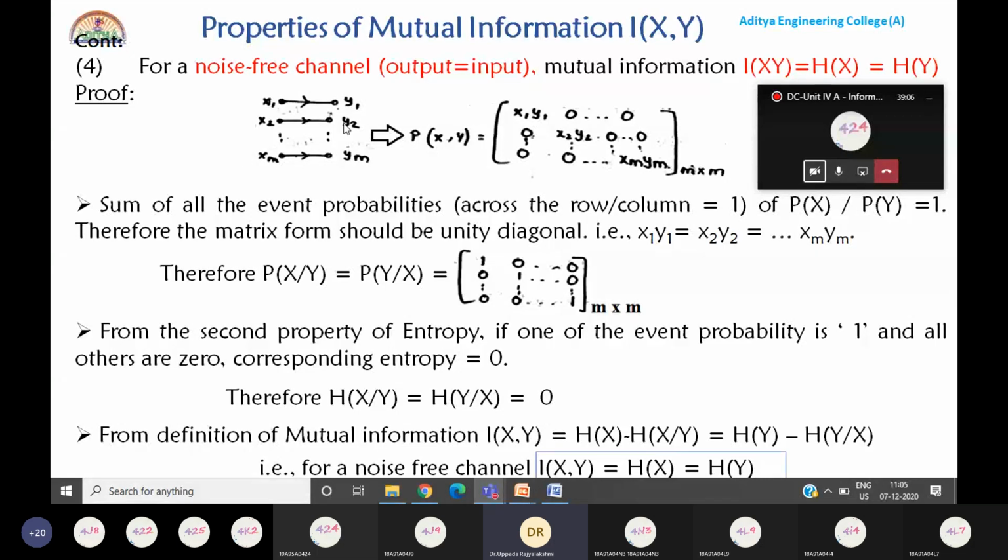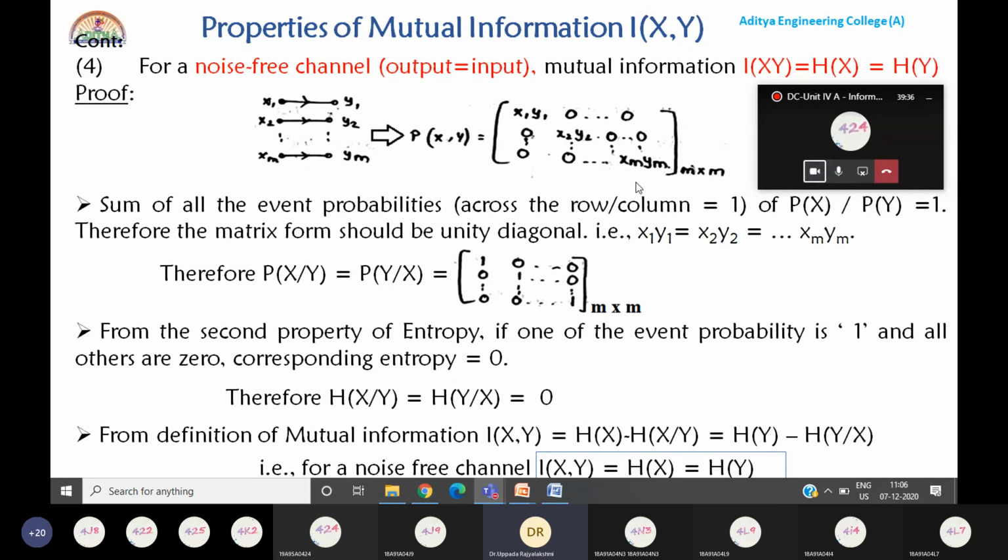Similarly, if you observe the second row, (x2, y1) is 0, and (x2, y2) will exist, and similarly (x2, y3) is 0, up to (x2, ym), which is also 0. If you extend the same up to the last row, only (xm, ym) will exist; (xm, y1) won't exist, and so on.